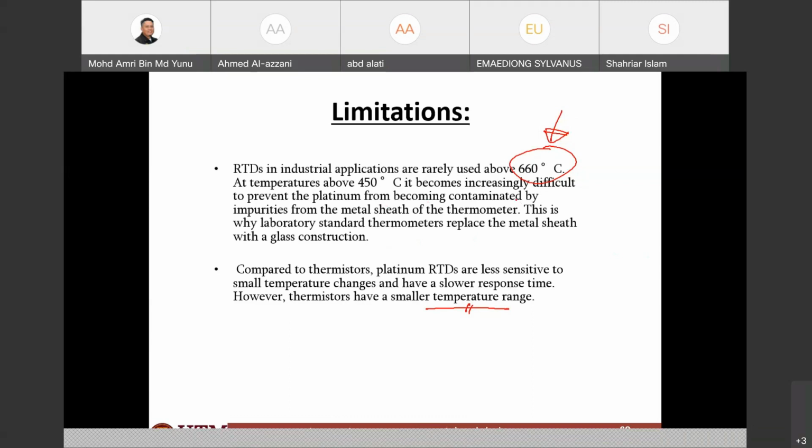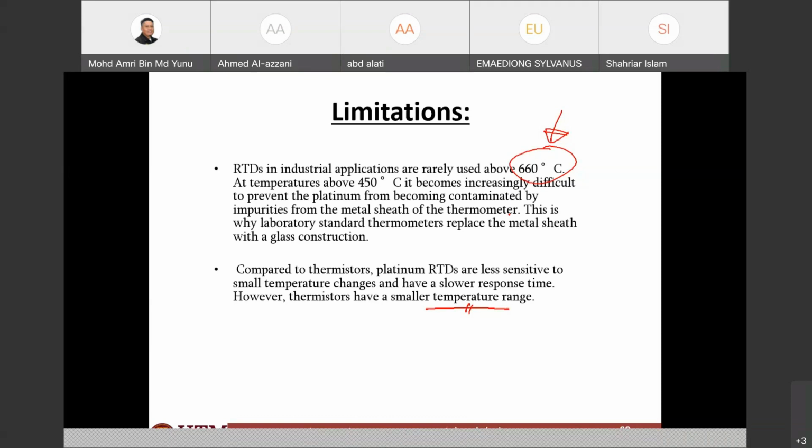So the reason is that at very high temperature, the metal will partly heat up at extreme temperature, and then will inevitably absorb the contamination coming from the metal sheath.